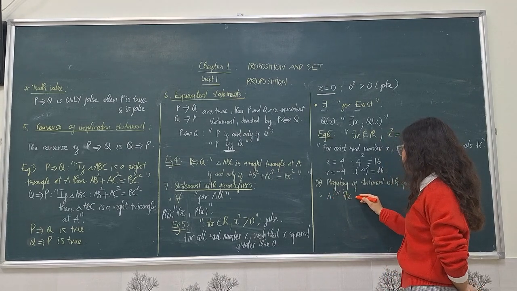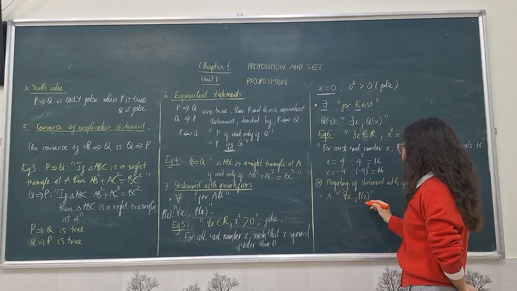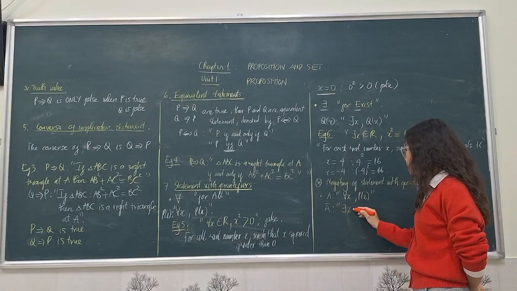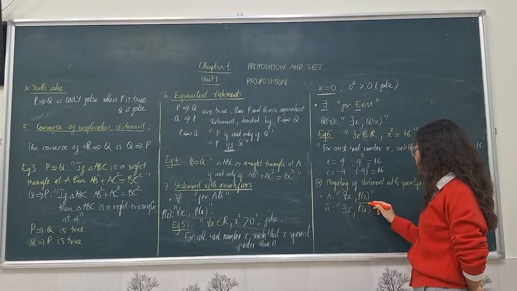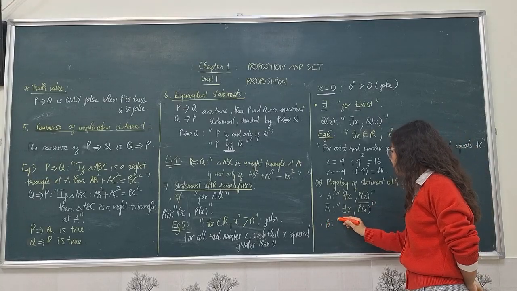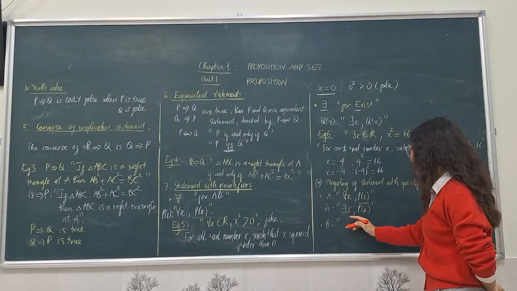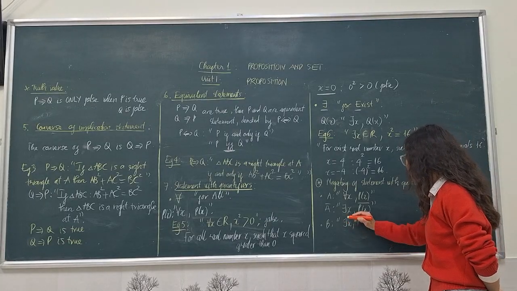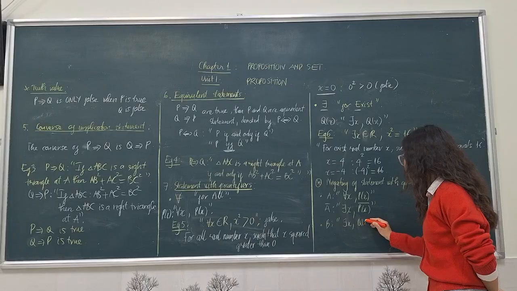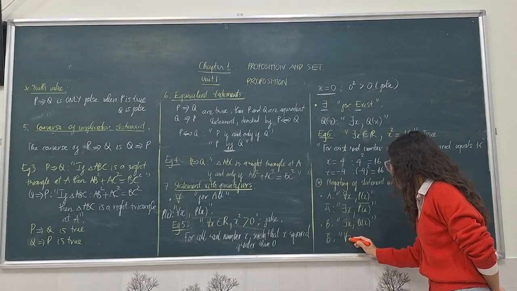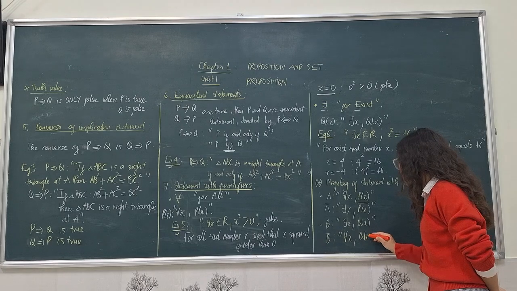For all x, P(x): the negation of this statement is there exists x, not P(x). And with the statement that has there exists x, P(x), the negation of this is for all x, not P(x).